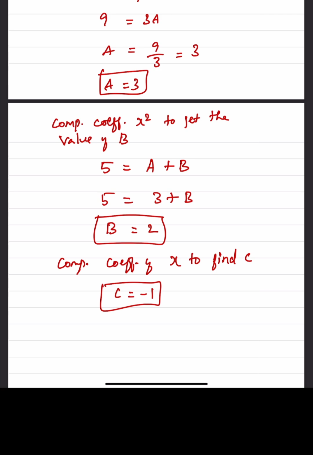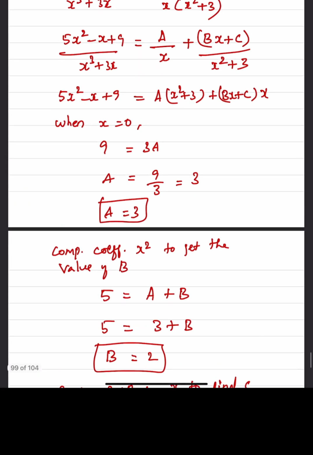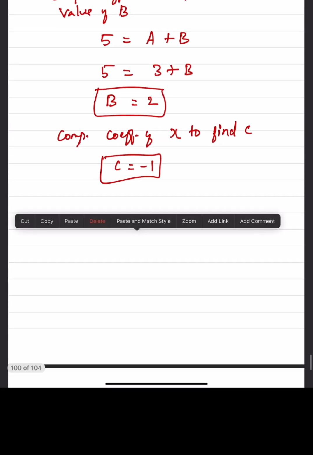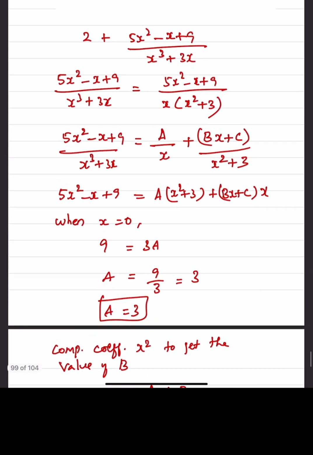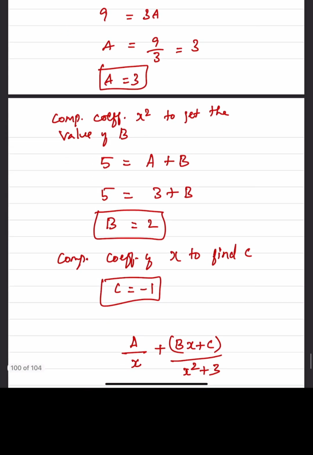Now we found all the values of a, b and c. We need to substitute them here. I'll just copy this and paste it here. We need to substitute the values of a, b and c, but before that we already have 2, so we need to include that also.